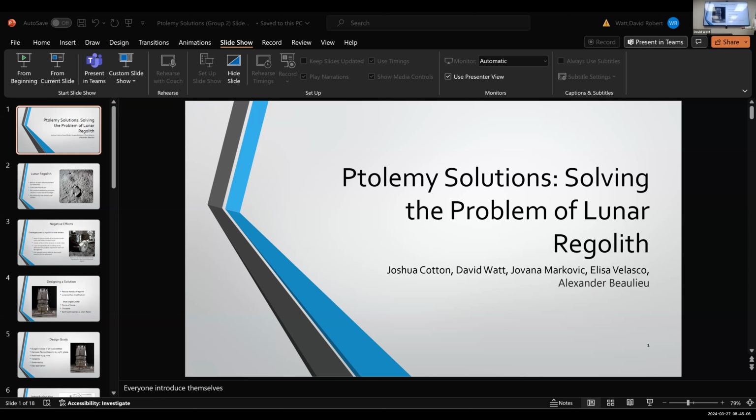And these are the particles that stick to the sensitive parts of the equipment and cause all sorts of complications. So our job is to reduce the amount of regolith that would be kicked up, thus reducing the density of regolith in the air. That's our main job. And what we came up with was some sort of surface modification so that it would act as a barrier between the surface and the thrust exhaust.